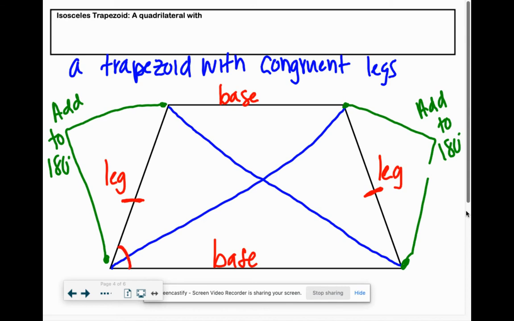So this angle would be the same as this angle, and these two top ones would be the same as well. So just for practice, let's pretend that this angle up here is 110. This one would be 110. This guy would be 70 and 70. I don't know if that helps you guys out or not.